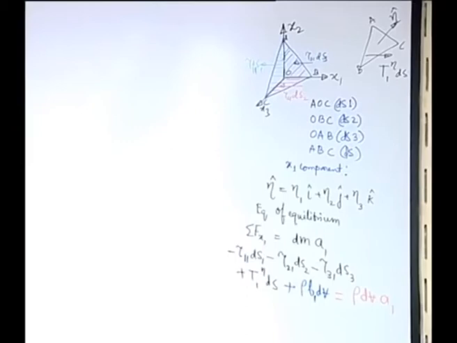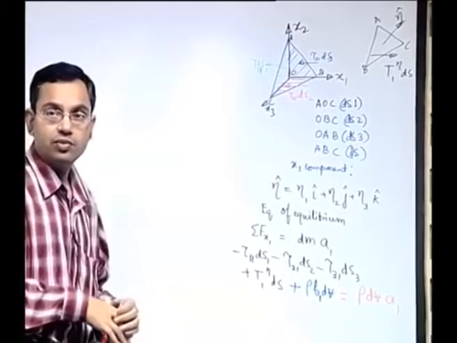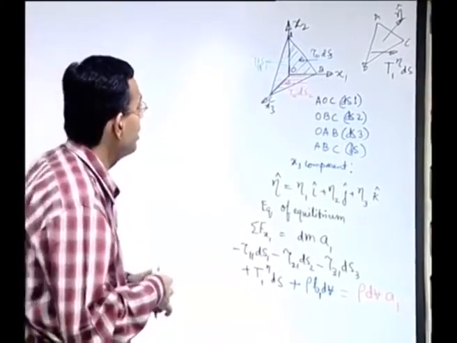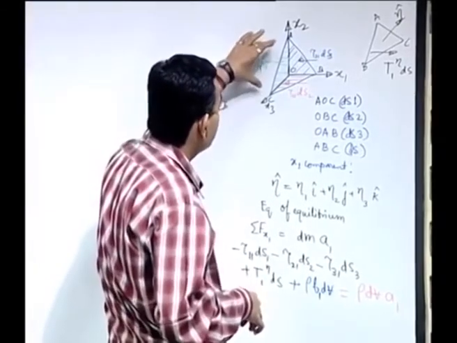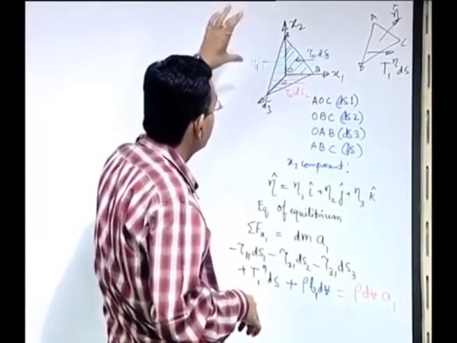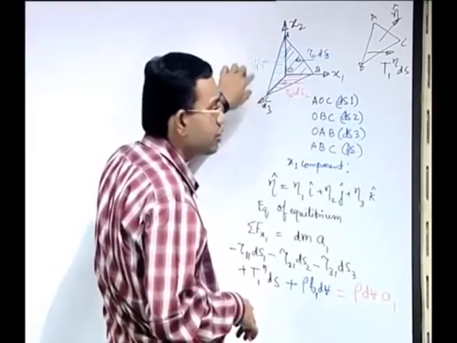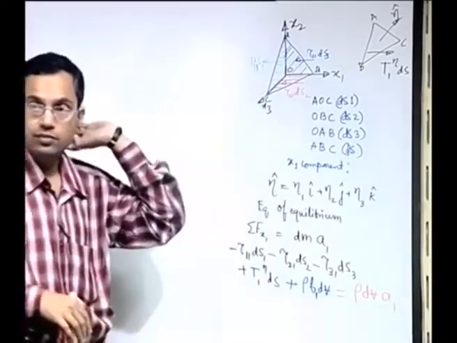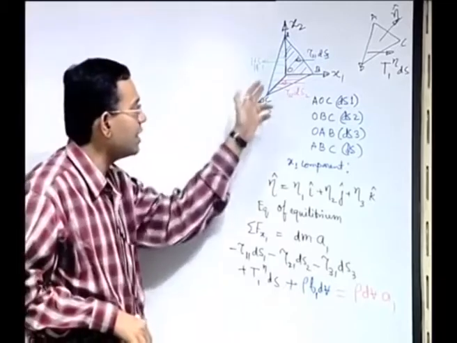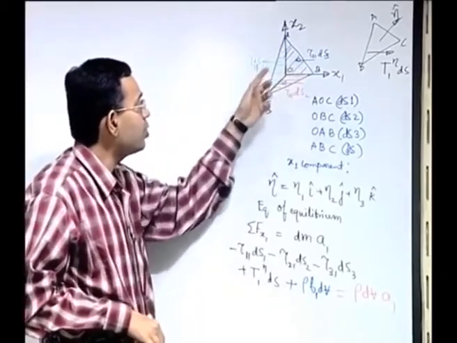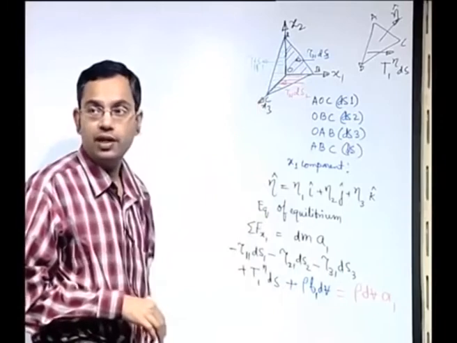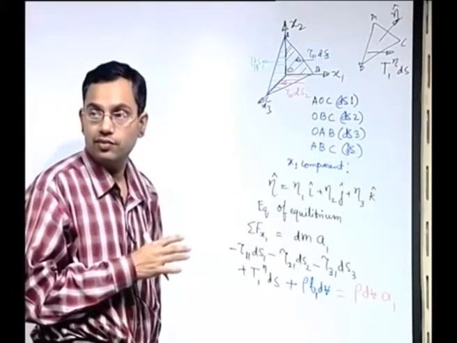Now, you can make certain geometrical simplifications. What are the geometrical simplifications? From this figure you can see that ds1 is nothing but the projection of ds on the x2 x3 plane. If you see the area ds, that is ABC, projected on the x2 x3 plane, then that becomes ds1.